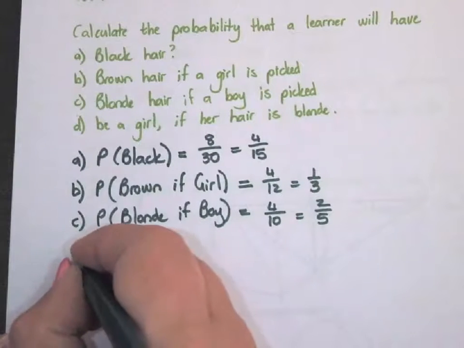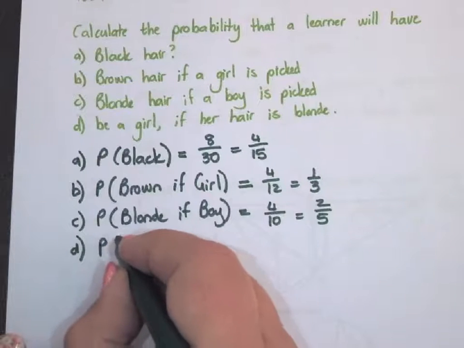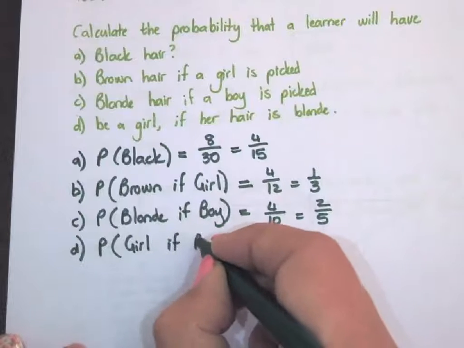Number D. The probability of a girl is blonde.